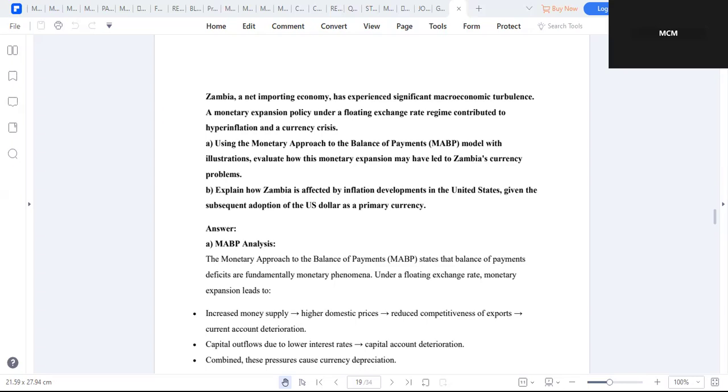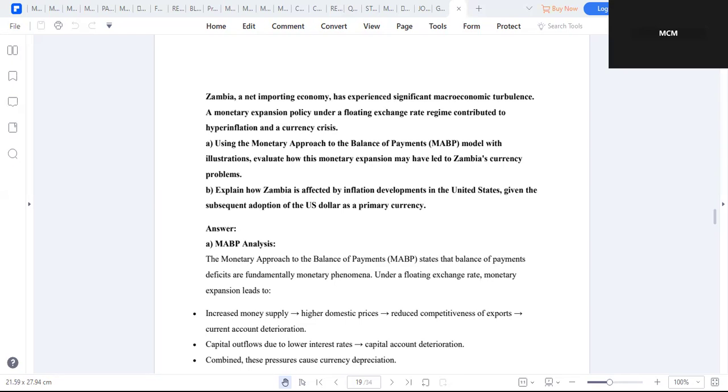There were also some foreign exchange market interventions through the central bank that were used to defend the currency. Some of the interventions we'll look at in the next question, unsterilized and sterilized interventions. Okay, so now we need to answer the questions with that background.